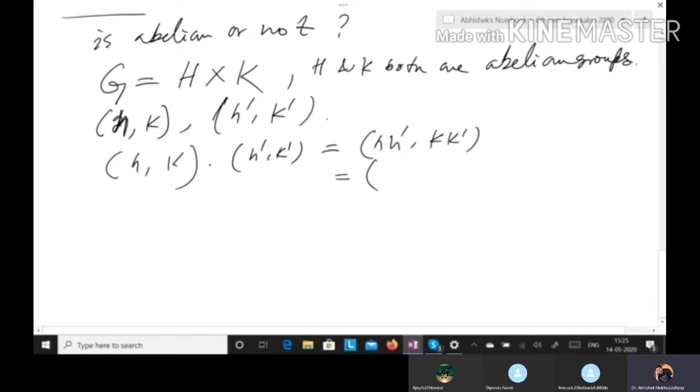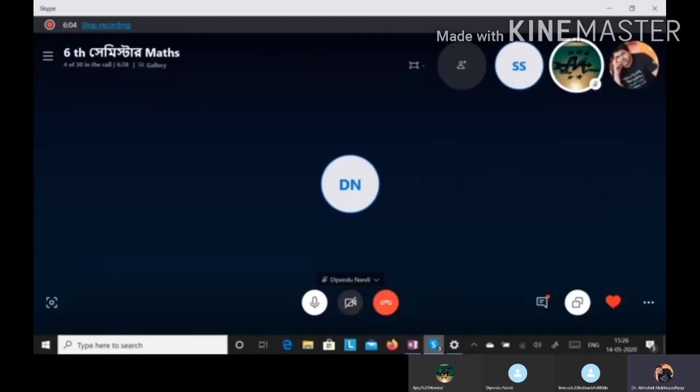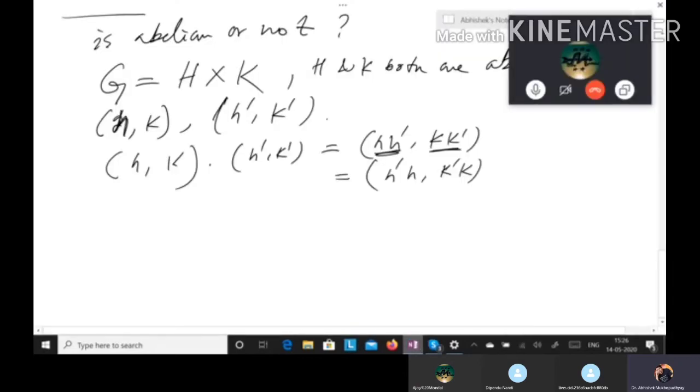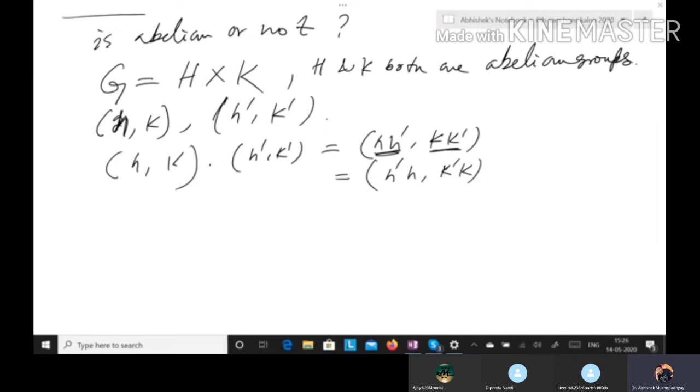So for that reason, hh' must be h'h and kk' must be k'k, and therefore it is (h', k')(h, k), by the definition of the composition defined on two elements in H cross K, and this proves that H cross K is abelian.